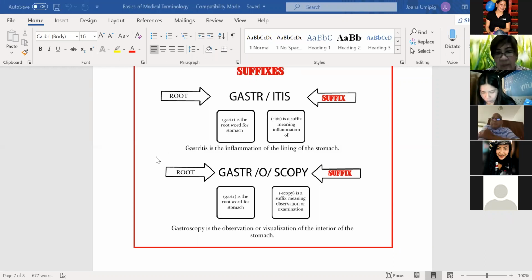Gastroscopy has a combining vowel in the middle. The root word is gastro, let's put an O in the middle, and -scopy. So it will read as gastroscopy, the observation or visualization of the interior of the stomach.